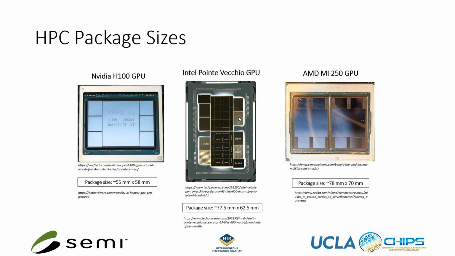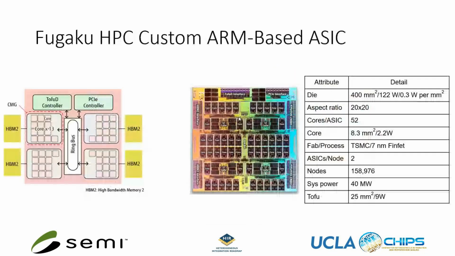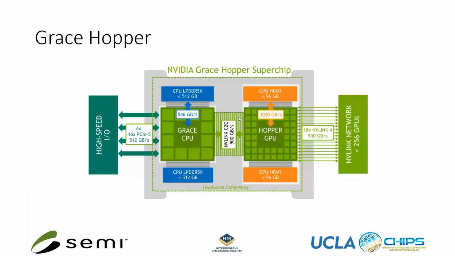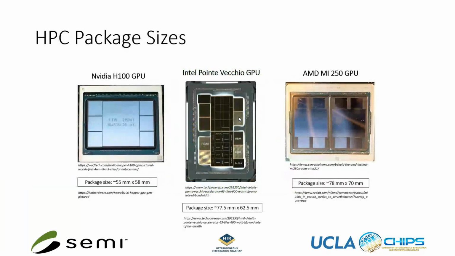So these start giving us bounding boxes in which we can organize our thinking. We can say functional modularity from the Fugaku, the upper bound on the sizes from the Grace Hopper, and if we're going to think of one or two package sizes, we should think of these two extremes at 50 and 80. Roughly that's the zone we started looking at.